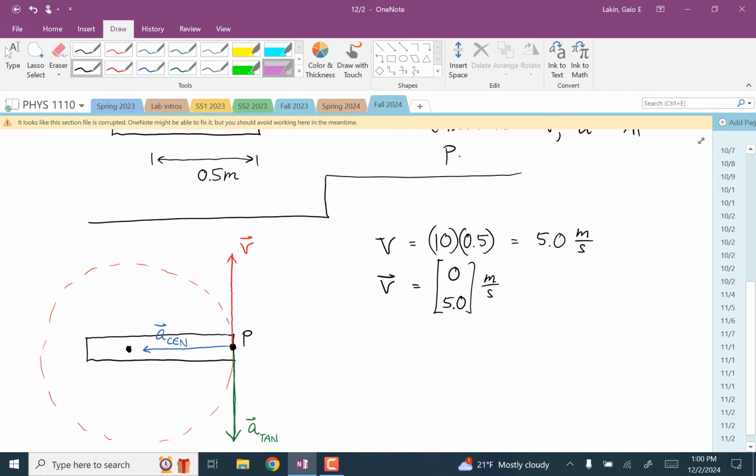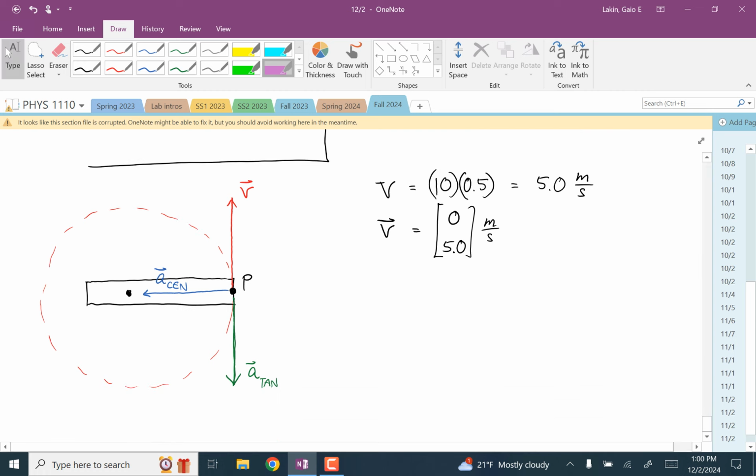Now let's do the centripetal next. Since we already have that speed, we just calculated that. The centripetal acceleration magnitude is v squared over r. So that's 5 squared over, it's still the same point, so r is still going to be 0.5.